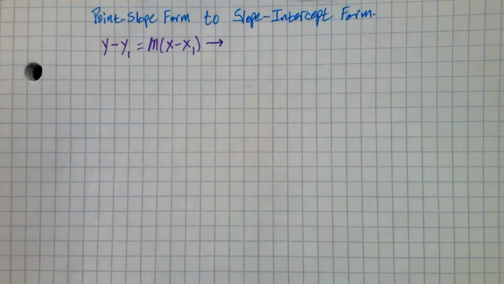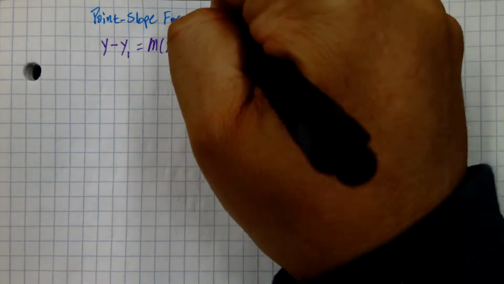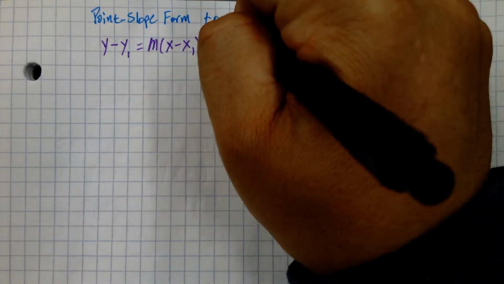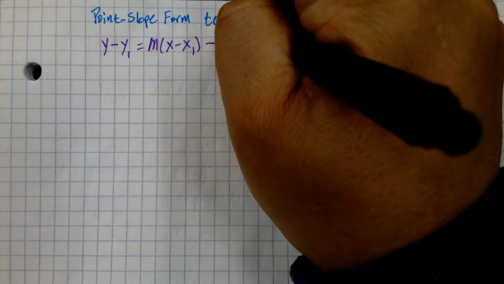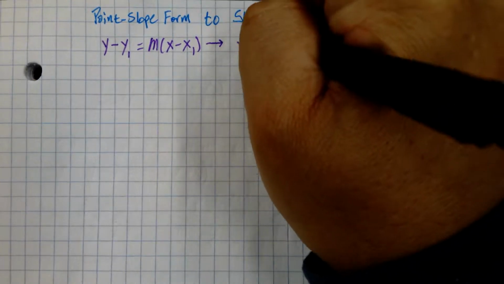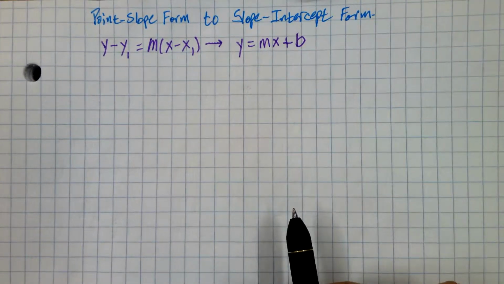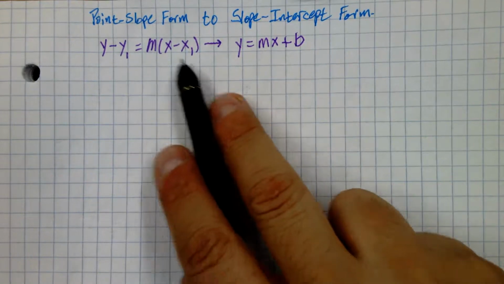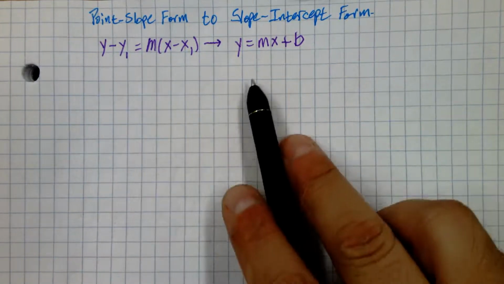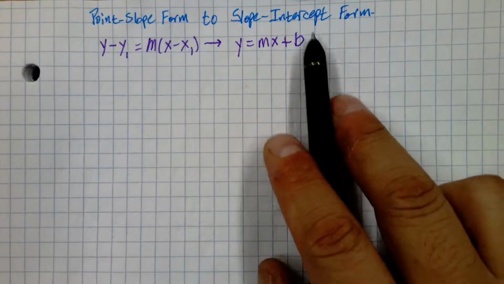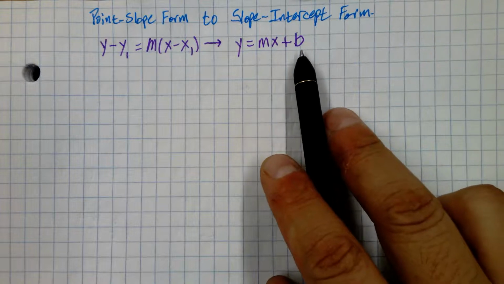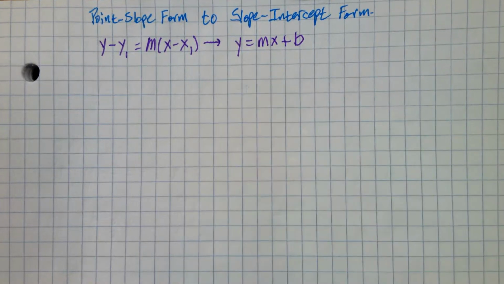And mathematically, with our algebra skills, we're going to convert it to y equals mx plus b. Okay. So we'll go from knowing a point and the slope to knowing the y-intercept, which is actually a point, and the slope. So here's how we do that.